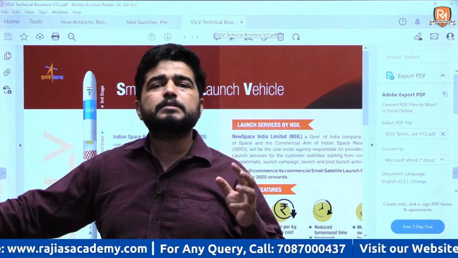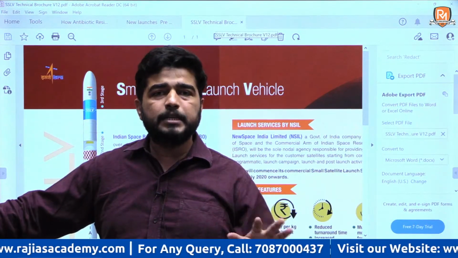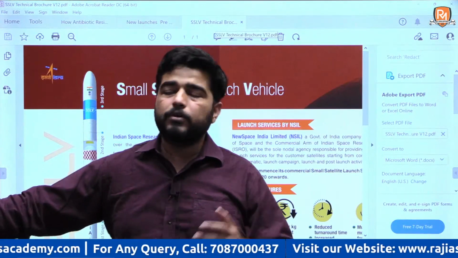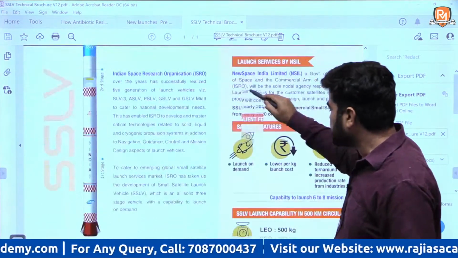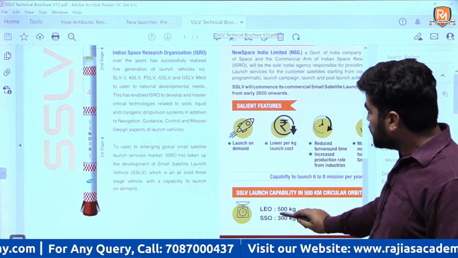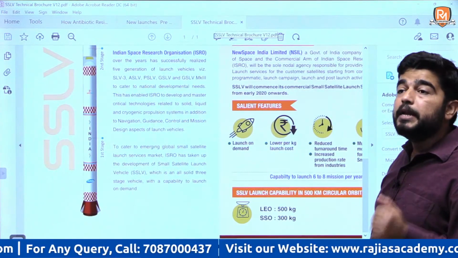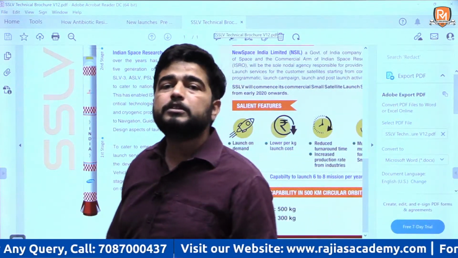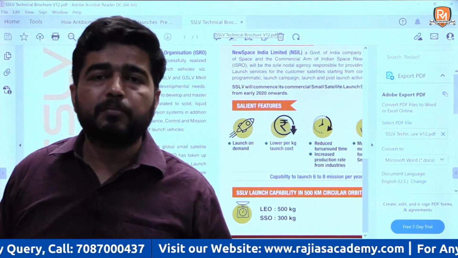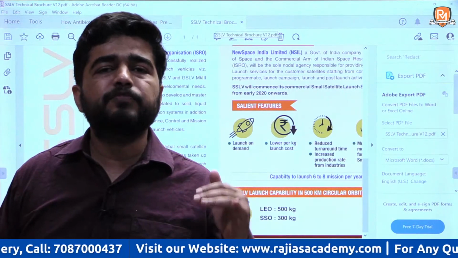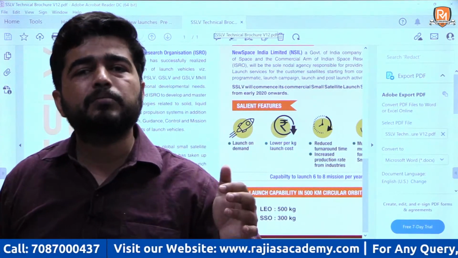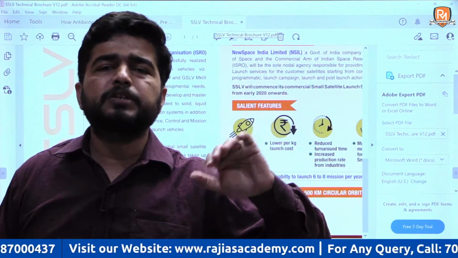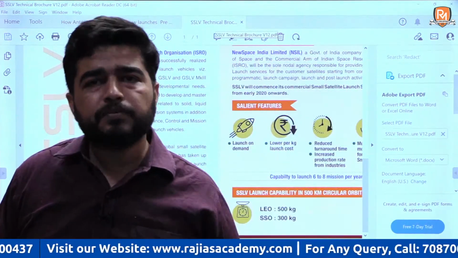The thrust produced by this rocket will be less, but it is capable of launching satellites up to 500 kg in low Earth orbits, for example satellites for Earth observation and weather. Low Earth orbit is the orbit up to 1000 kilometers above the surface of the Earth.